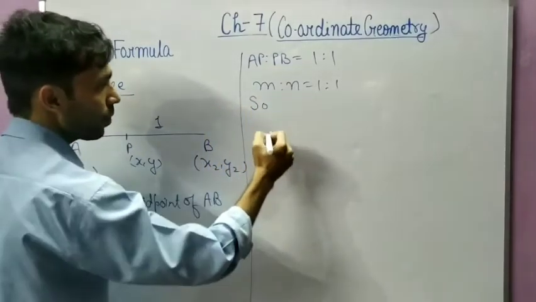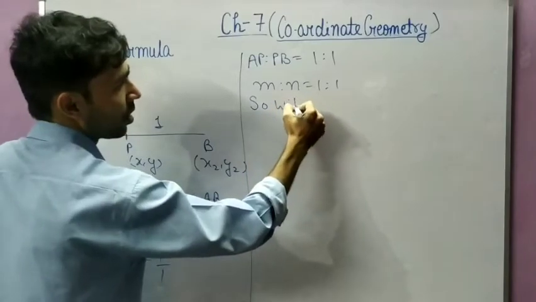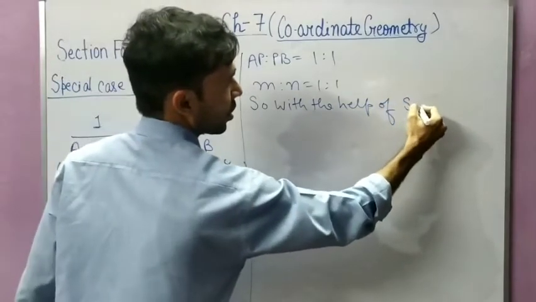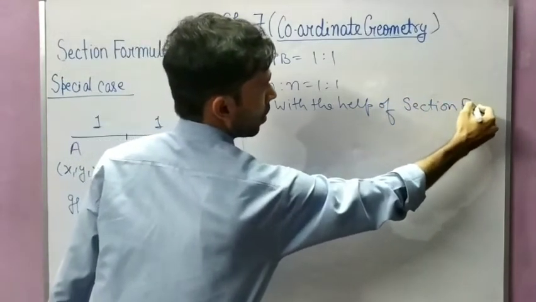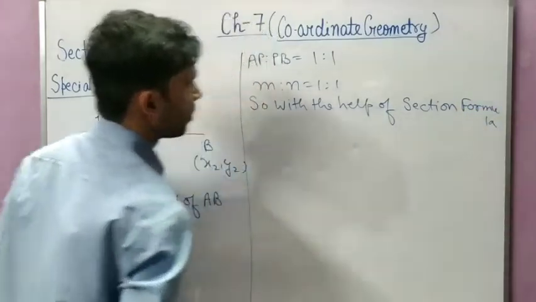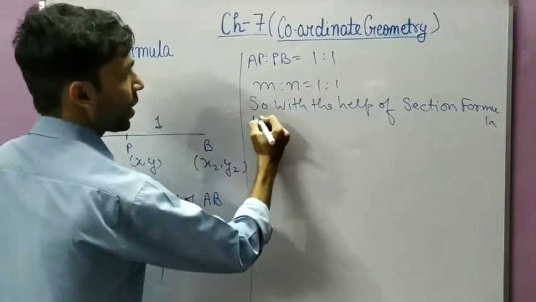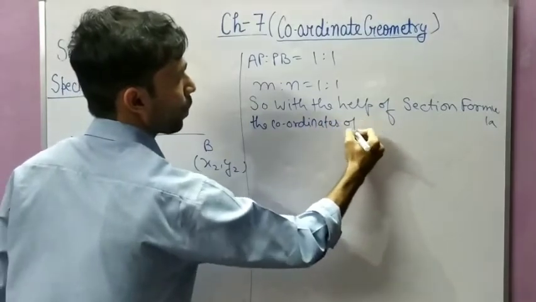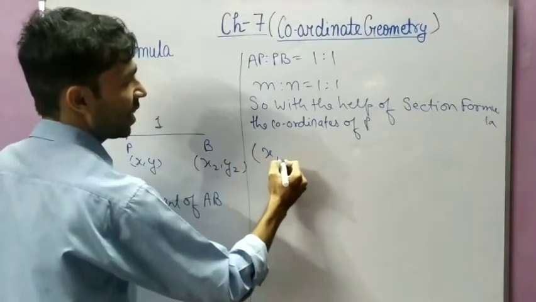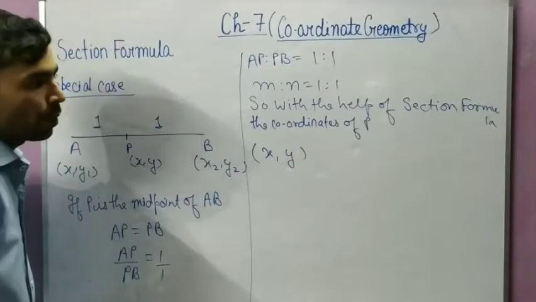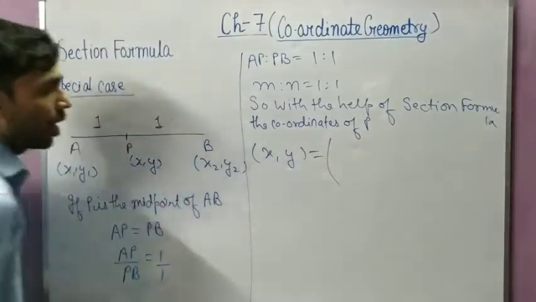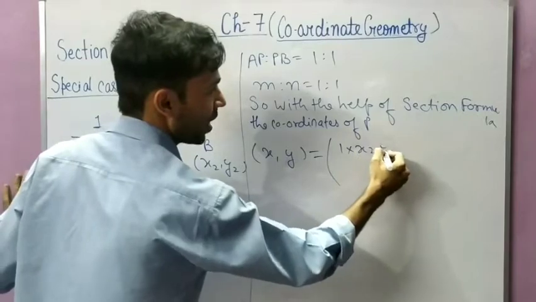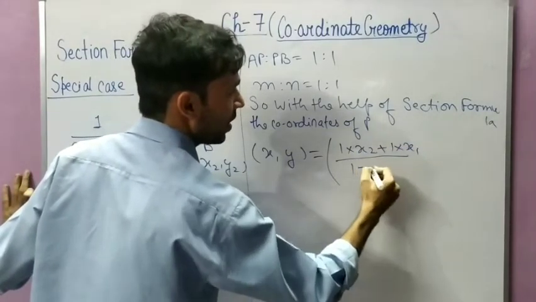So what will be the coordinates of point P? With the help of the section formula, the coordinates of P are x, y, and x can be calculated as 1 into x2 plus 1 into x1 upon 1 plus 1.